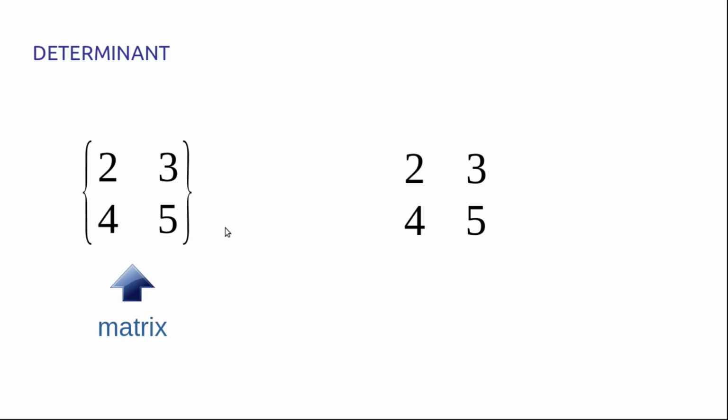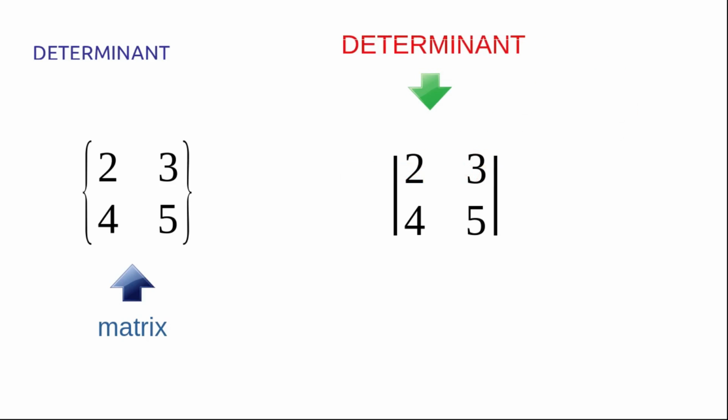Now we take a similar table of numbers in 2 rows and 2 columns. If it is a matrix, it looks like this. Now if we omit the brackets and introduce 2 new lines like this, then this is called a determinant.